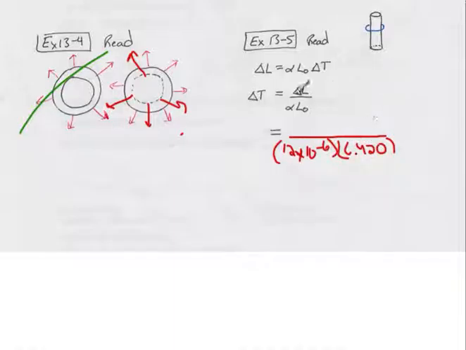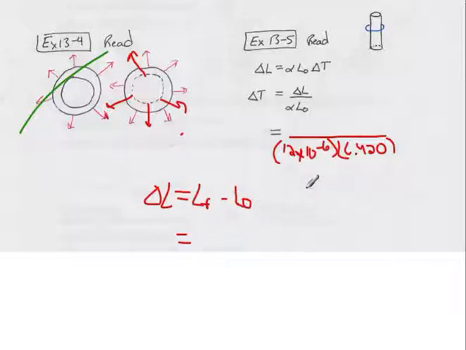Okay, so what about the change in length? Well, what is the final length that we want? Isn't the final length we want the rod plus the space? Yeah, so that's 6.445. Change in L is going to be L final minus L initial. We already know what L initial is.